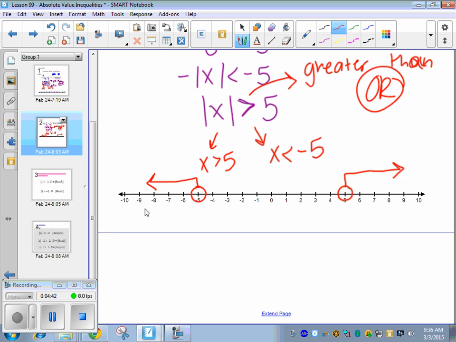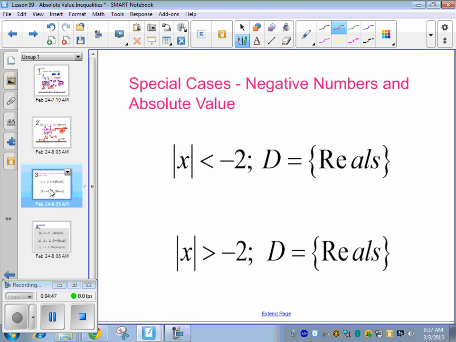There are 2 special cases that happen with absolute value. Anytime you solve it and isolate the absolute value and you get a negative number over here, hopefully the bells go off and you think, I have to think about this one. For the first one, it says the absolute value of x is less than negative 2.